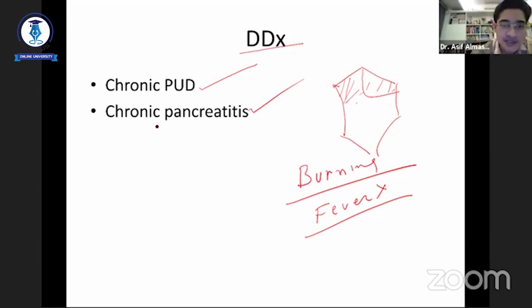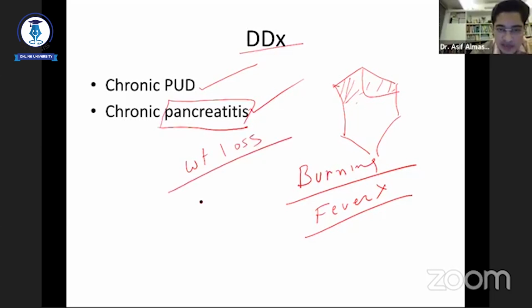Chronic pancreatitis. Through the pain, it's difficult to differentiate between the pain of chronic cholecystitis and chronic pancreatitis because they are very similar. But one thing that usually happens in pancreatitis is weight loss and diabetes.